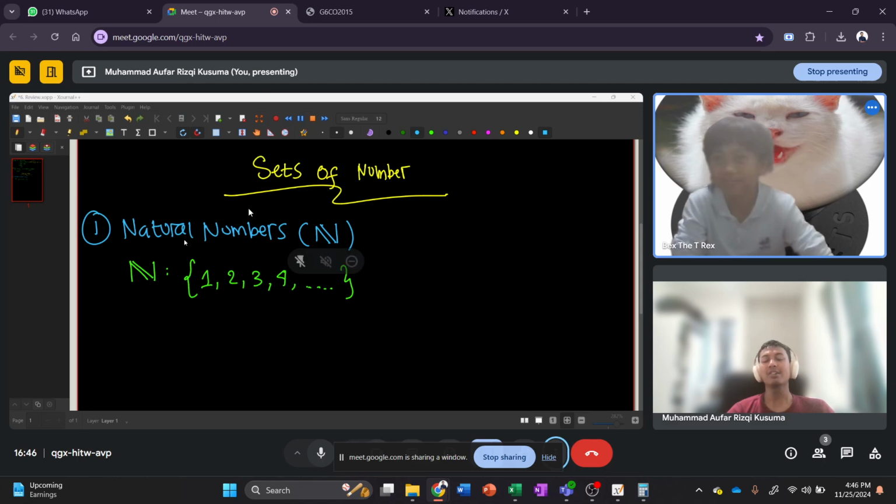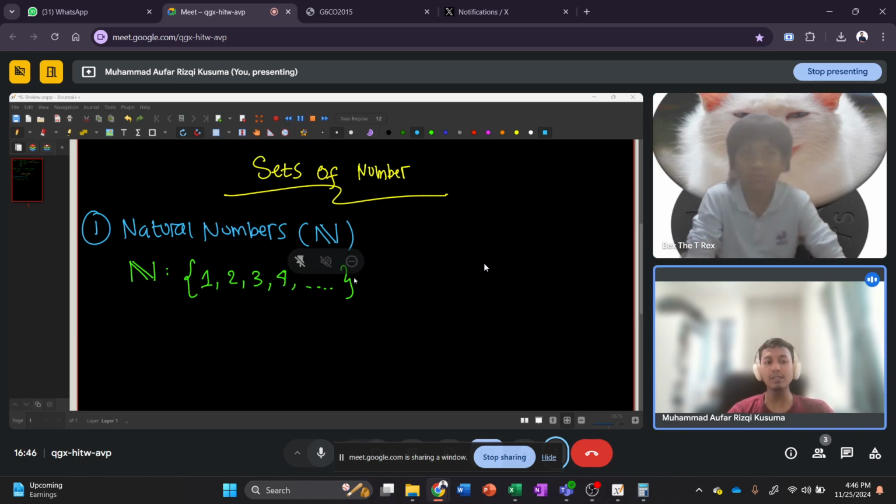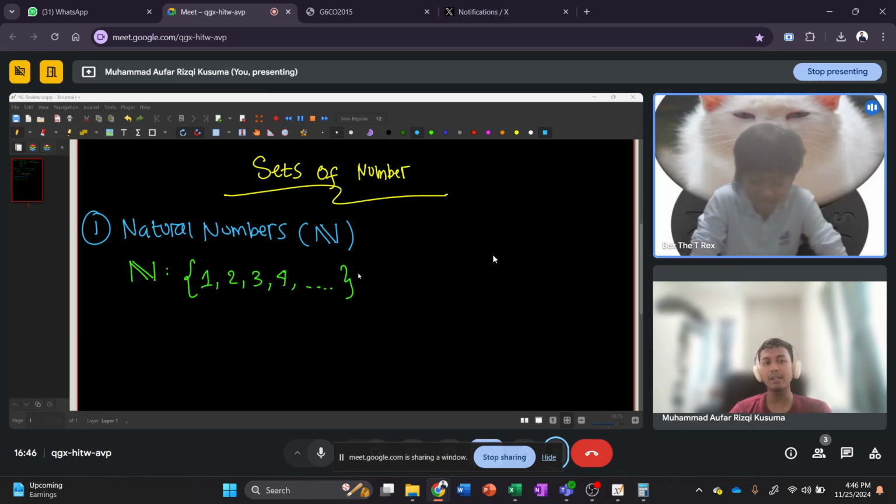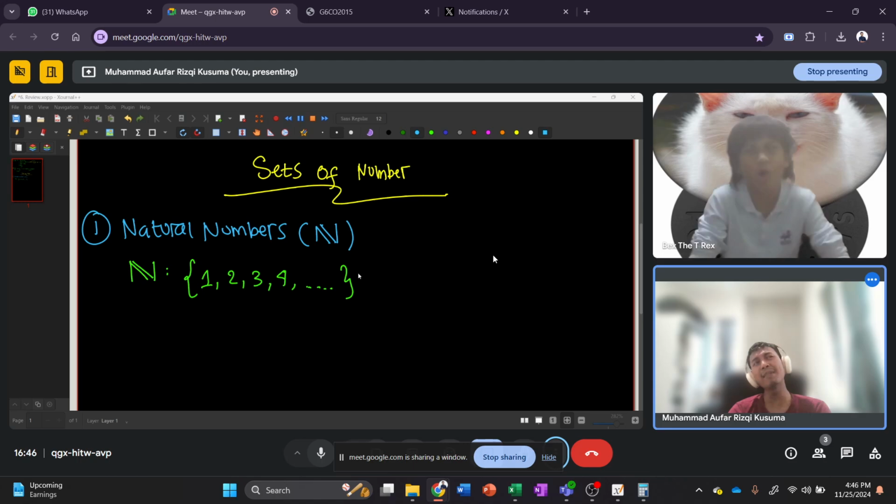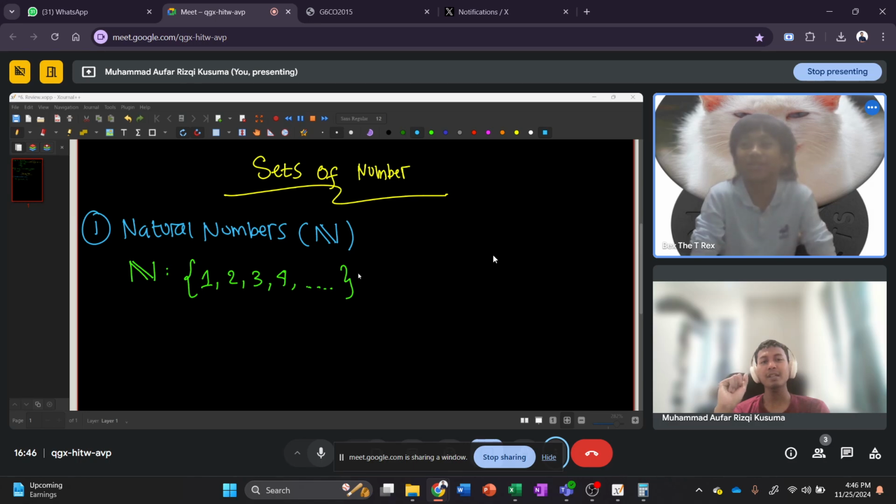Natural numbers are the oldest kind of number that we knew. If I'm not mistaken, the Egyptians invented it. Not invented, because who invented numbers is still kind of unknown.